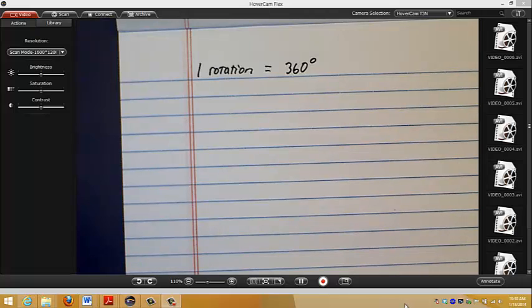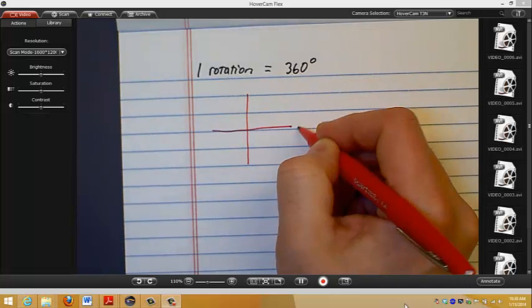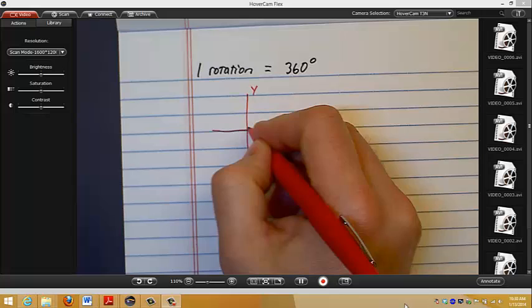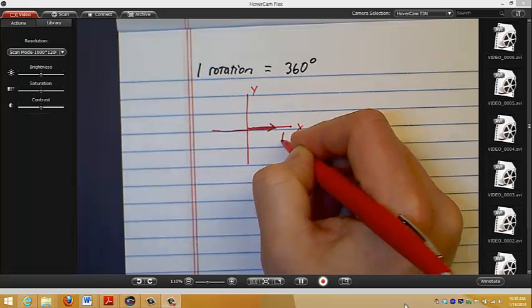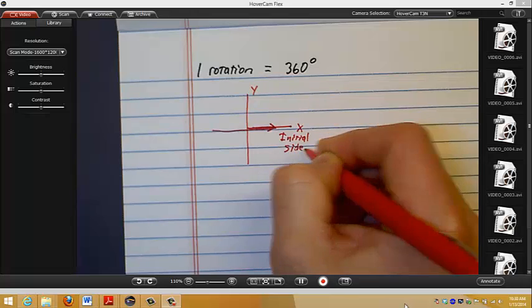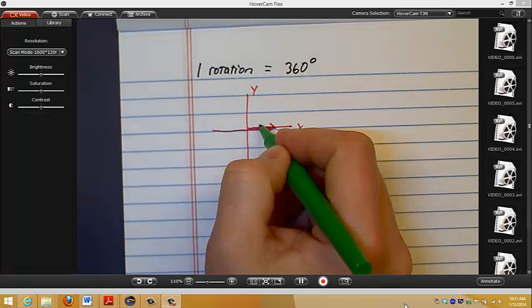Right? And I could draw a picture of that. So this is an interesting picture now that we have what we call an initial side and a terminal side. Here's the initial side. But where's the terminal side? Same place. You can do that.